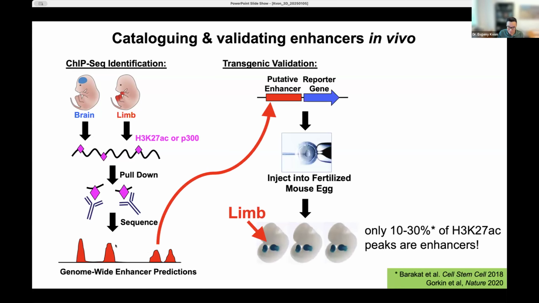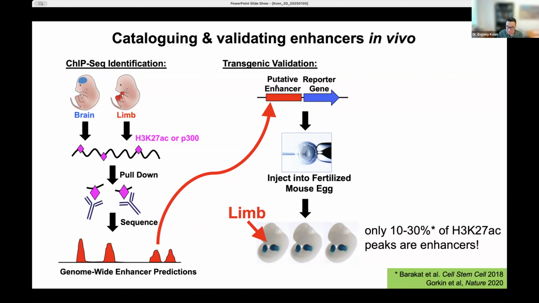This is a really useful method to derive a genome-wide map of putative enhancers in a single experiment. However, if you want to say that the region is an enhancer, you need to validate it, right? In a typical way, you take that putative enhancer region, you put it next to a reporter gene, in this case LacZ, and then you make a transgenic animal.